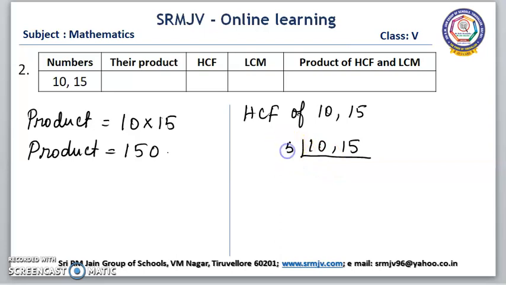So we are going to divide the numbers by 5. 10 divided by 5, that is 2. 15 divided by 5, that is 3. Now 2 and 3 are prime numbers, so we have to stop here. HCF is 5, the divisor alone. Highest common factor is 5.